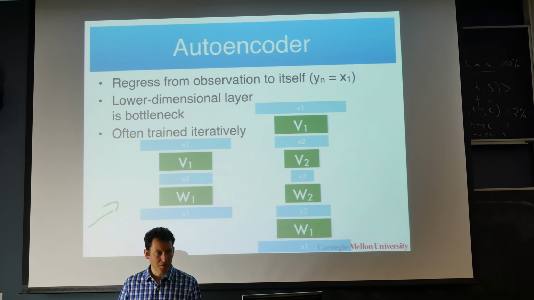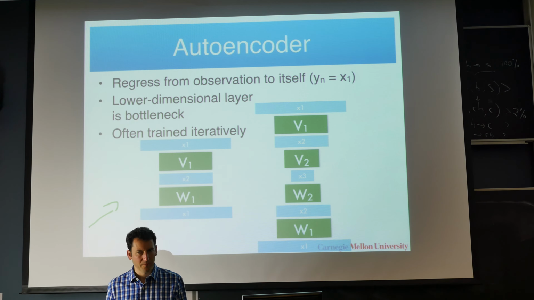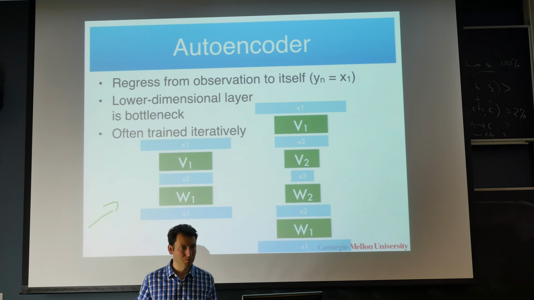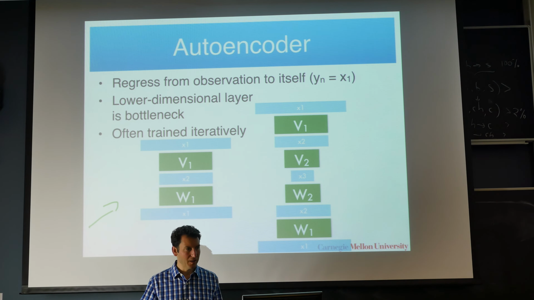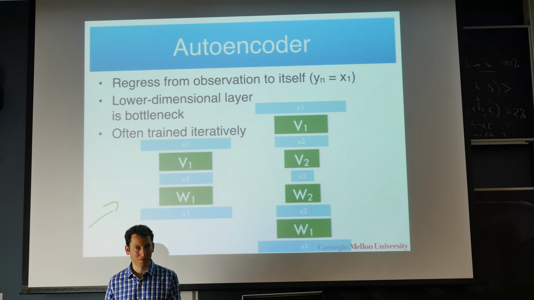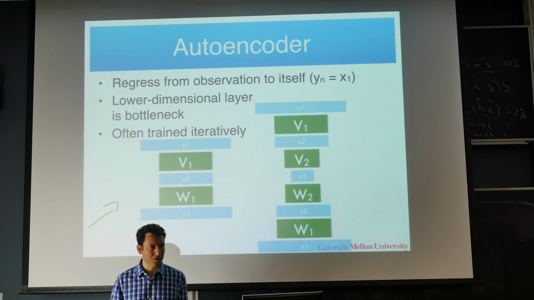And then we have a reverse mapping, let's say with some matrix V, that maps x2 back into something that is in the same space as x1. We might conveniently have some nonlinearities. What's happening is that I'm taking maybe an image, maybe text, whatever I might want, and I'm trying to map this into a lower dimensional space, namely the space x2, and then from that space, I'm trying to reconstruct again what the original sentence would have been.